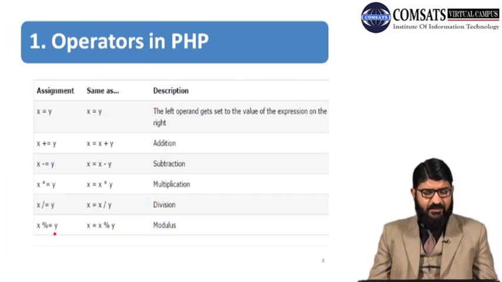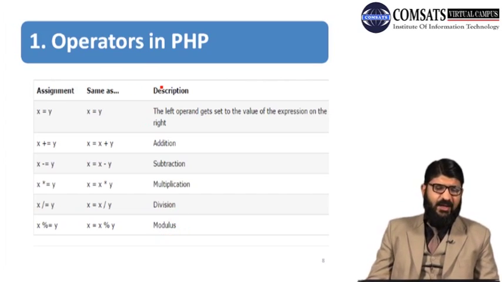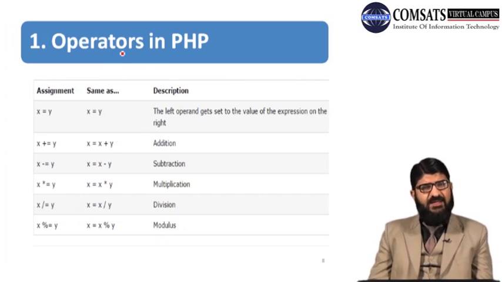It's like division. And then you have seen x percentage equals y. It is similarly x equals x percentage y. So you can see the addition, the subtraction, the multiplication, the division, the modulus, and at the top the equals sign is used for assignment as well.